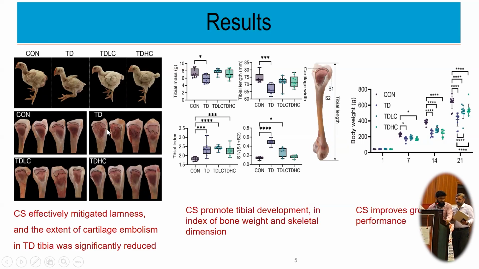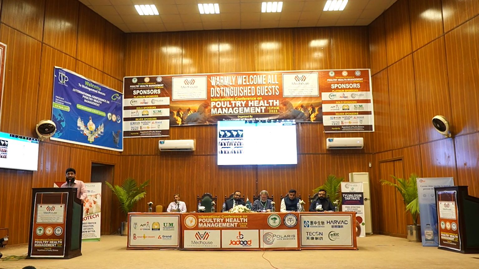After slaughtering, you can check the results. After slaughtering at 21 days, there is again a problem of the growth plate. The growth plate is enlarged. There was a white opaque mass you can see here.